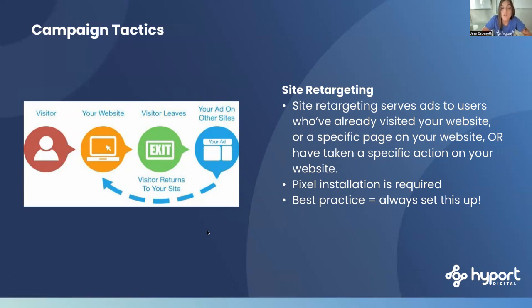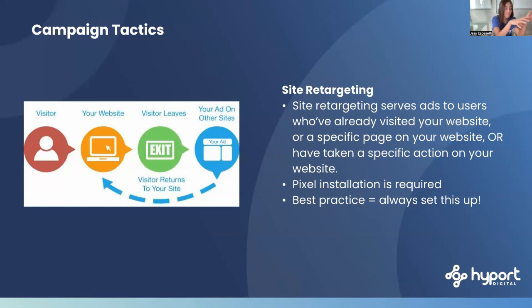So in order to launch a site retargeting campaign, you must install a pixel on your website. It's embedded into your website. Once the pixel is installed, it starts to collect user device information. So anyone who lands on the website, the pixel fires, their device information is captured, and it's dropped into this audience pool.